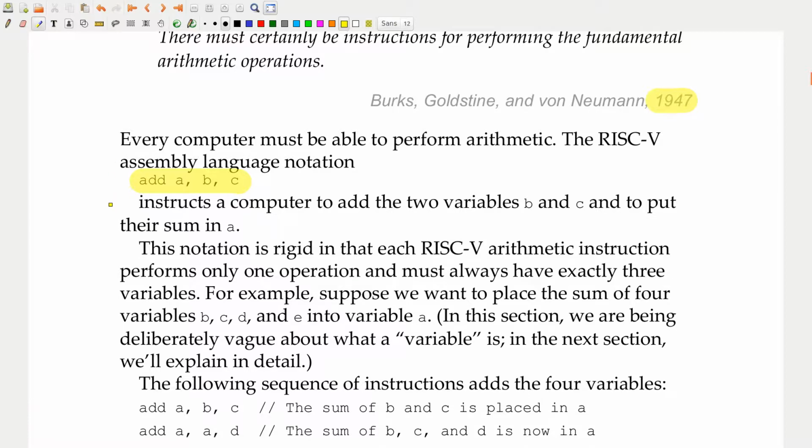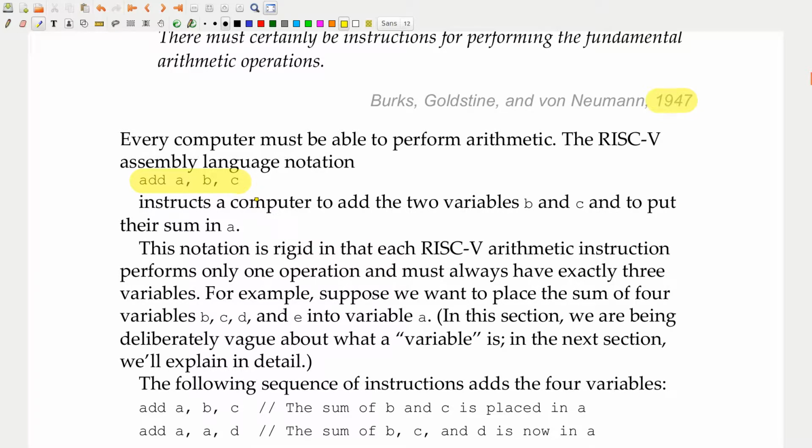We're going to have something called an opcode, which is a binary way of representing something like add. And then we're going to have designated spots in a probably 32-bit instruction. We're going to have space for A, B, and C.